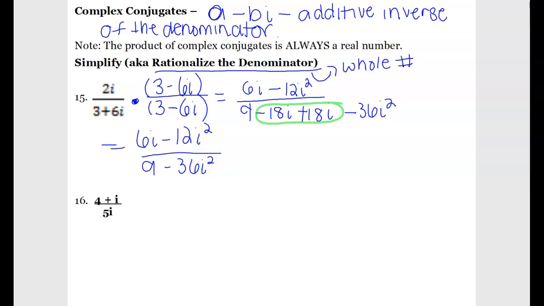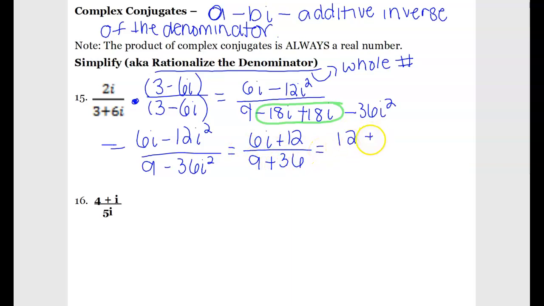And then we want to do what we've been doing, take all of the i squareds, turn them to negative ones, and multiply the negative 1 times that number. So in this case, you get 6i plus 12 over 9 plus 36.